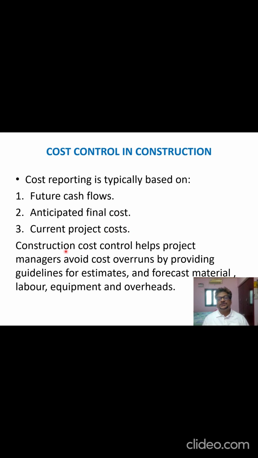Construction cost control helps project managers avoid cost overruns by providing guidelines for estimates and forecasts of materials, labor, equipment, and overheads. So this is the basic project cost reporting.